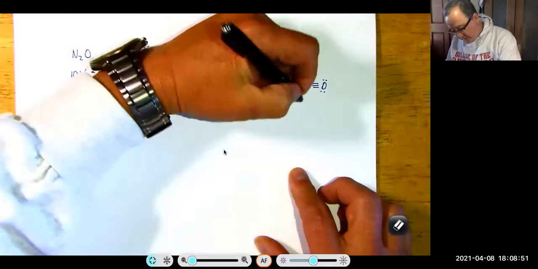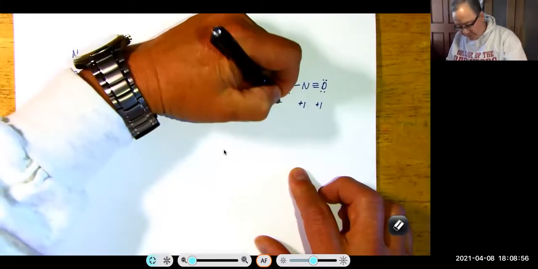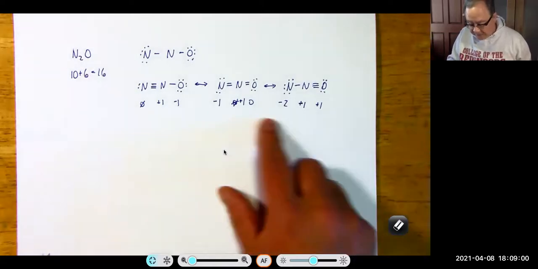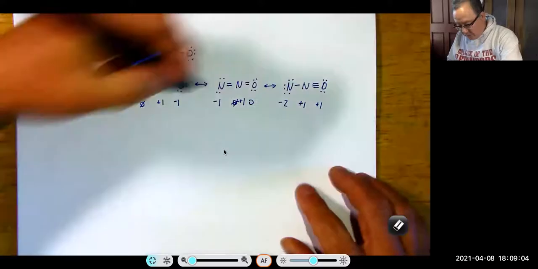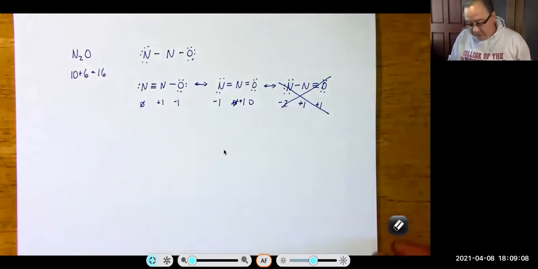Then +1, +1, and -2. And all the formal charges should add up to 0 because there's no charge on this thing. So here, we're going to eliminate that one altogether because we do not want charges of -2, period. No ifs, ands, or buts.